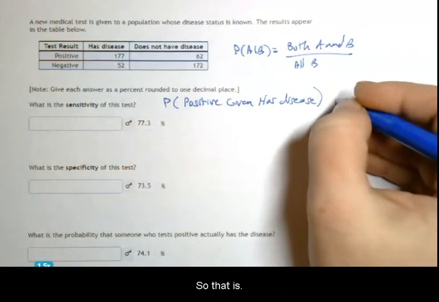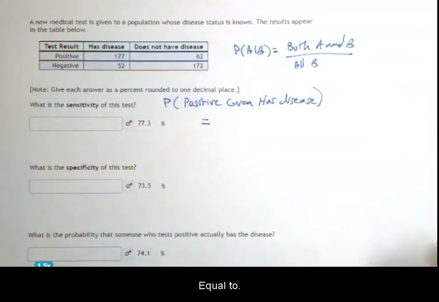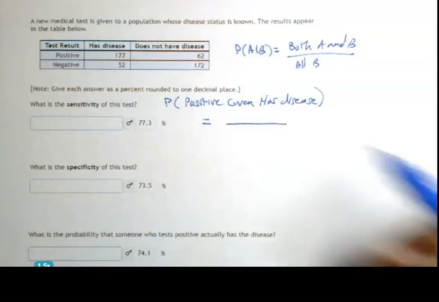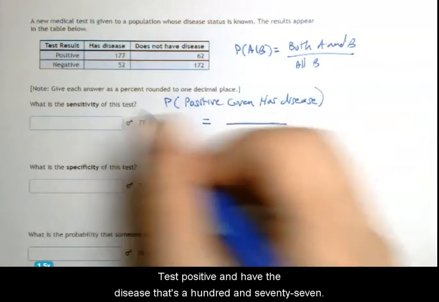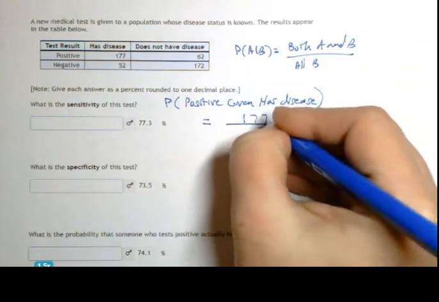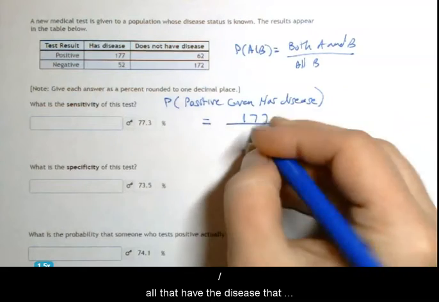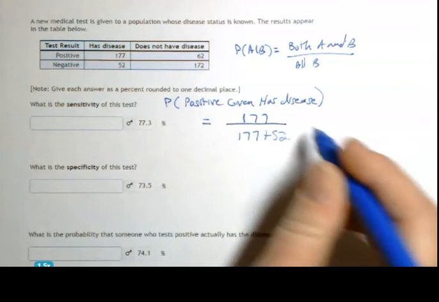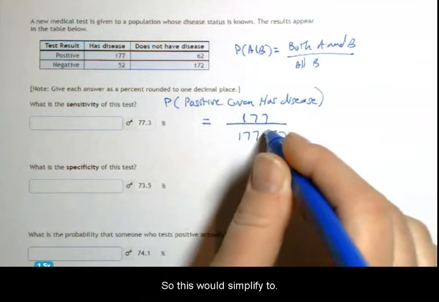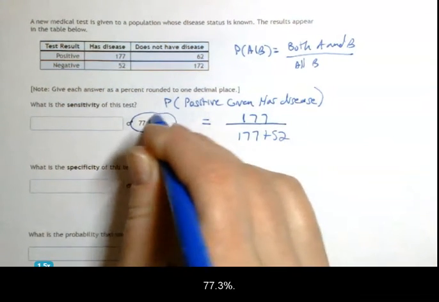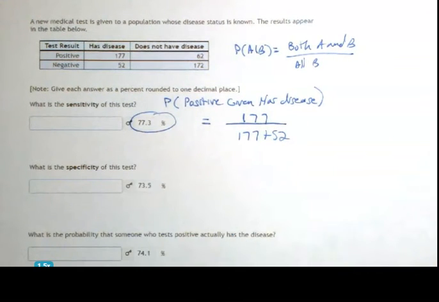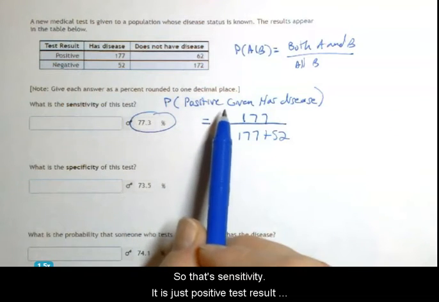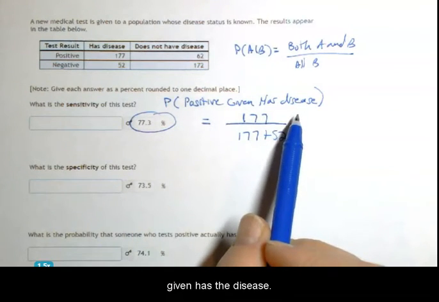So that is equal to those that test positive and have the disease, so that's 177, divided by all that have the disease, so that would be 177 plus 52. So this would simplify to 77.3%. So that's sensitivity. It's just positive test result given has the disease.